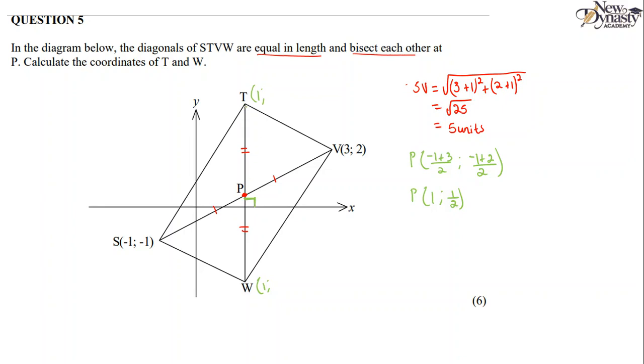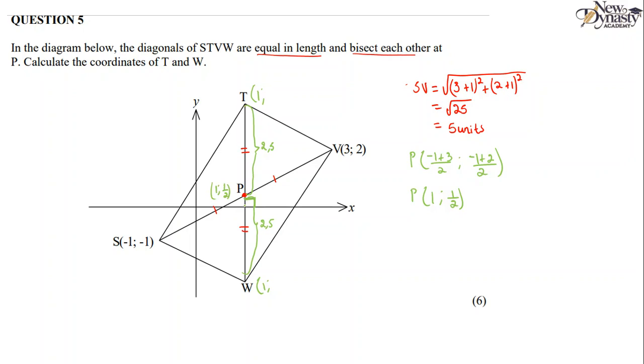So the distance from here to here to point P, that is going to be 2.5. And also the distance from here to there, that is 2.5. Because we're told that the diagonals bisect each other and the total length is 5. So they share that 5 into 2 equal parts, which is 2.5 and 2.5. But we know that at P, the y value is a half.